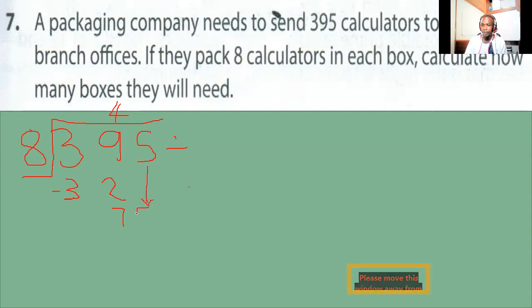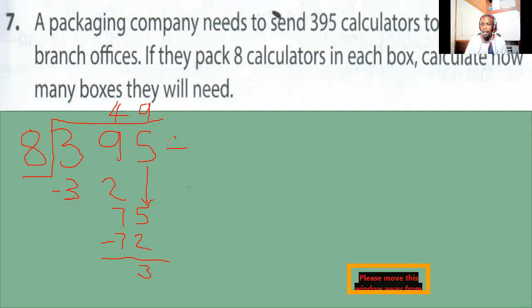Here it becomes 75. Then 75 divided by 8, it's 9. 9 times 8, 72. Then 75 minus 72, we get 3.